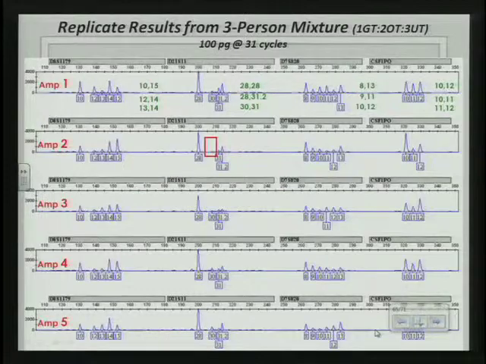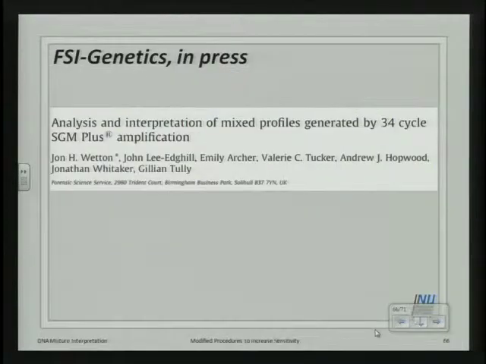But again, looking at the different amplifications, you can get a lot of variation in the peak heights, say, between this amplification here and the peak heights here. And you can get dropout. So you are at the mercy of all of those things that can happen when you're down at the stochastic range, at the low stochastic levels.